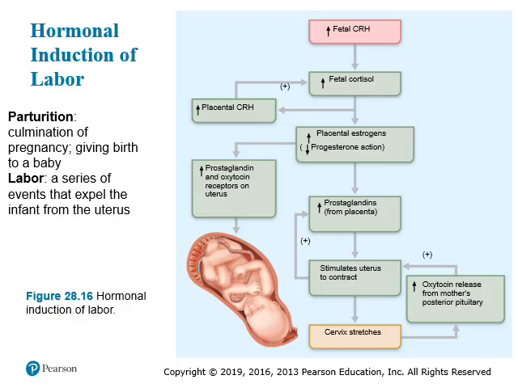So, what about labor? We're now in labor. The fetus is getting ready to come out. The fetus determines its own birth date. During the last few weeks of pregnancy, an increase in corticotropin-releasing hormone from the fetus, from the fetal hypothalamus, leads to an increased release of fetal cortisol.